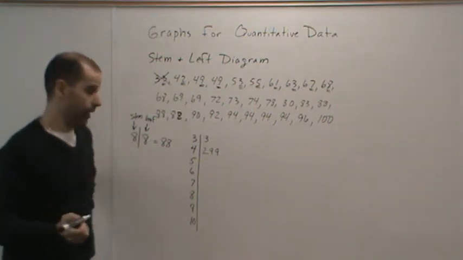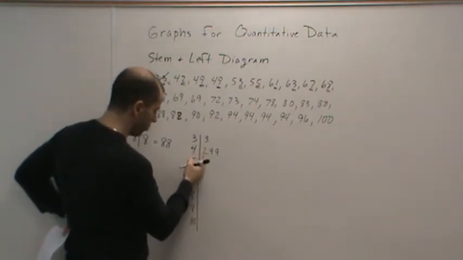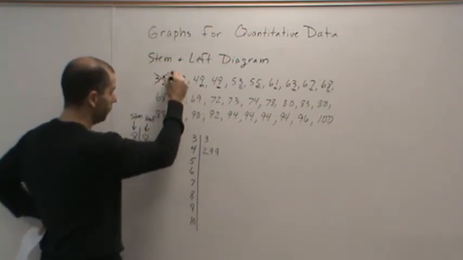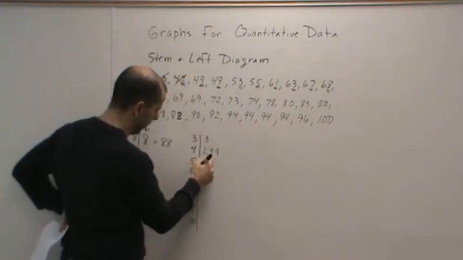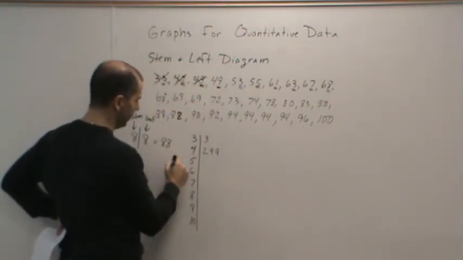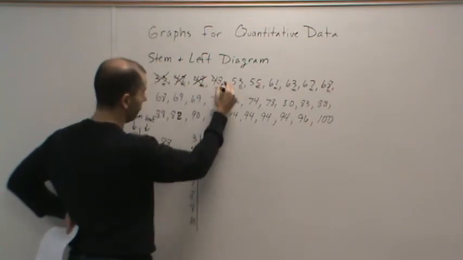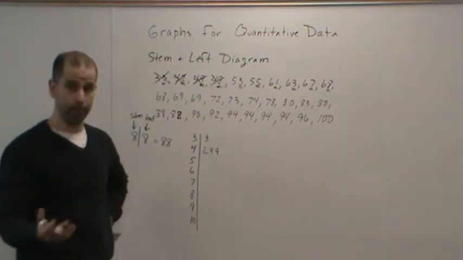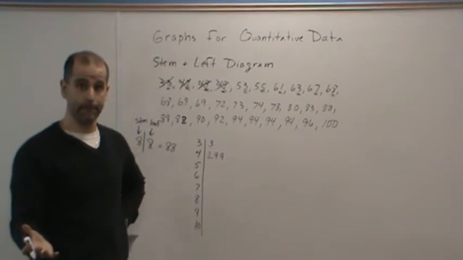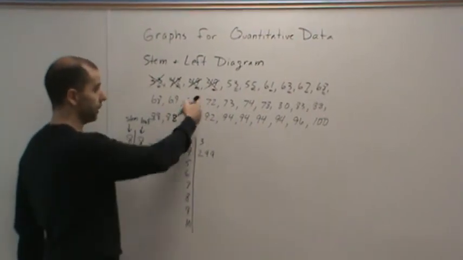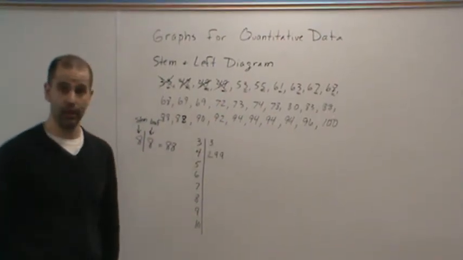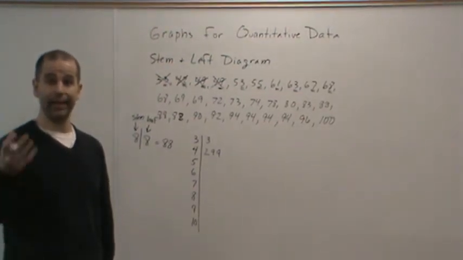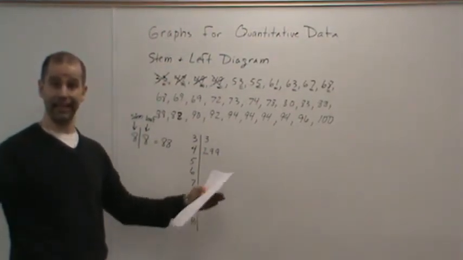Get it? So now, 4-2 represents 42. 4-9 represents this 49, and then 4-9 represents this 49. Understand? Okay, so now I'm going to continue on and fill out the stem and leaf diagram, and at the end, you're going to see basically a histogram.